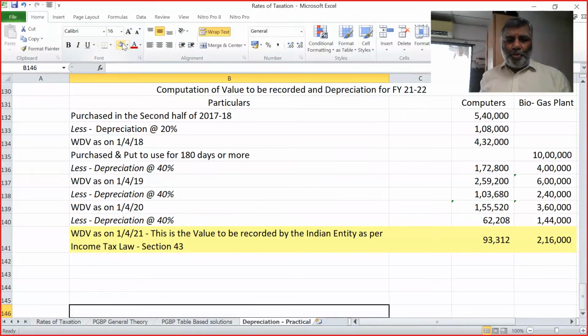The value to be recorded by the Indian entity is 93,312 and 2,16,000. Had the asset been used in India from the date of acquisition, this would have been the value.